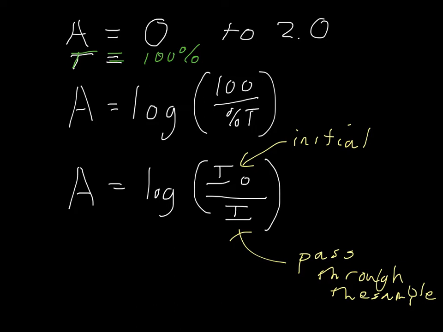If you transmit 100%, your sample absorbs nothing, then you'd expect absorbance to be 0. At an absorbance of 2, however, your percent transmittance is 0. None of your light has passed through your sample. Your sample's absorbed all of it.